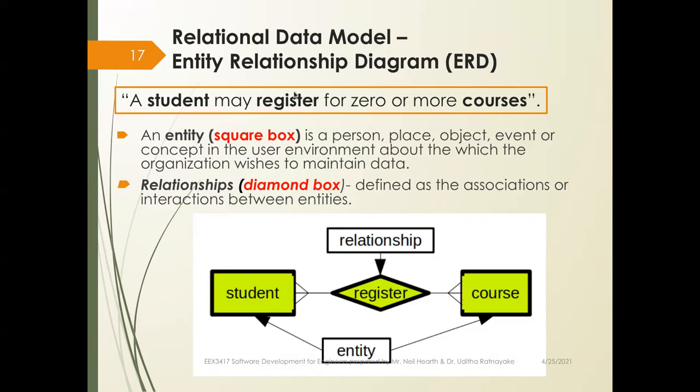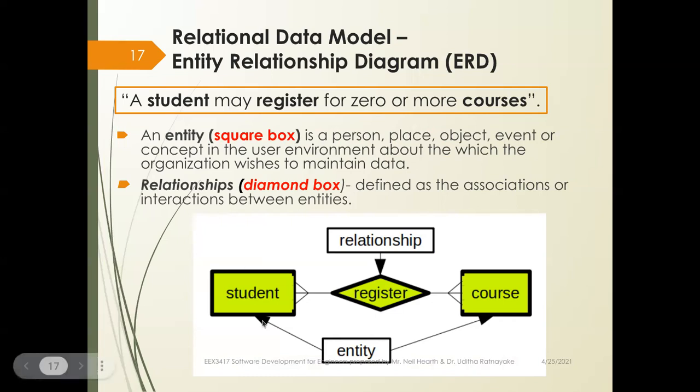Here you can see, student may register for 0 or more courses. Now see in this sentence, what are the nouns here. Nouns are student and courses.